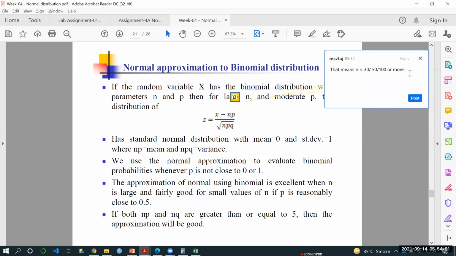In practical life, if you go for some extreme engineering project, for example, you have to test a Rolls-Royce engine, you cannot have 30 engines for testing. You can have only 2, 3, maximum 5 engines.